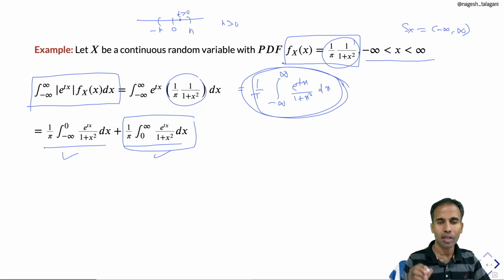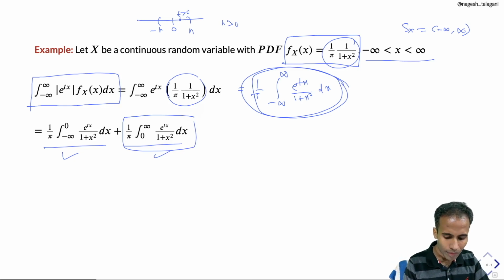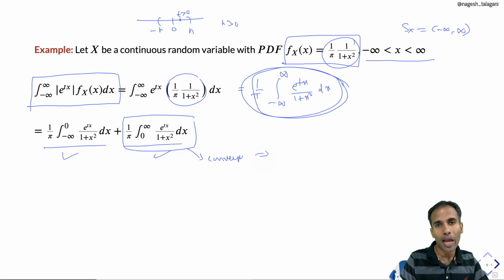The reason is this. Analogous to nth term test for series, we have an integrand test for this improper integral. If this converges, that implies this integrand must go to 0 as x goes to infinity. But that is not the case here.